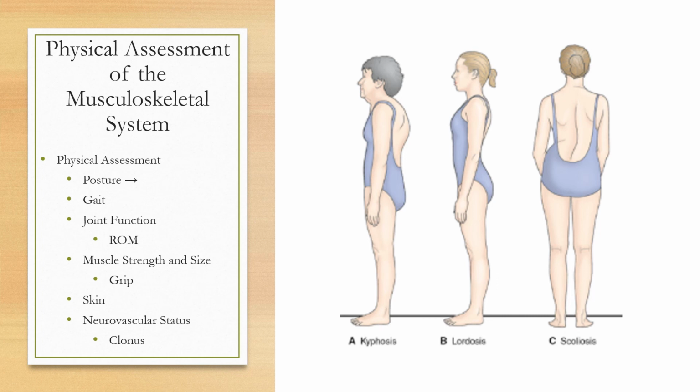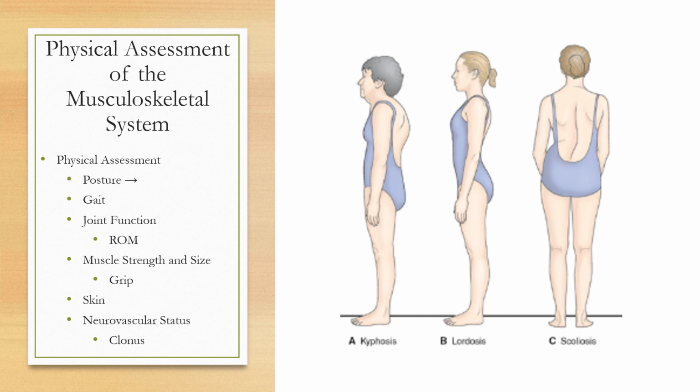Typically from osteoporosis. And you get that humpback appearance because the compression fractures are causing not only a reduction in height of the person, but they're causing that rounded appearance of the back. That's called kyphosis. Okay, so thoracic kyphosis.